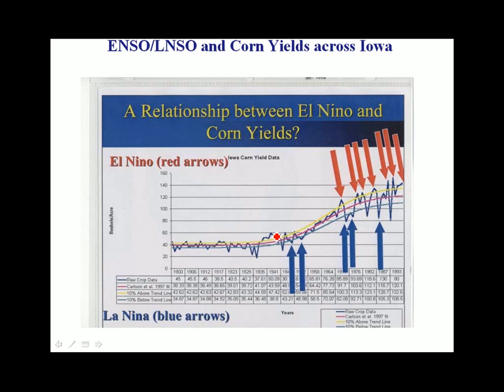So if you look back here in 1900, it looked like there was about 42, 43 bushels of corn yield across Iowa on average, bushels per acre.